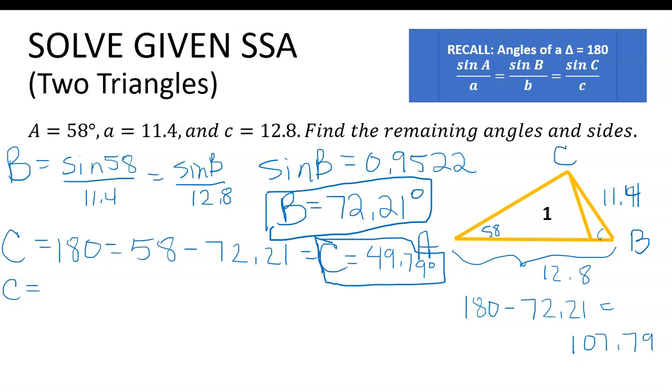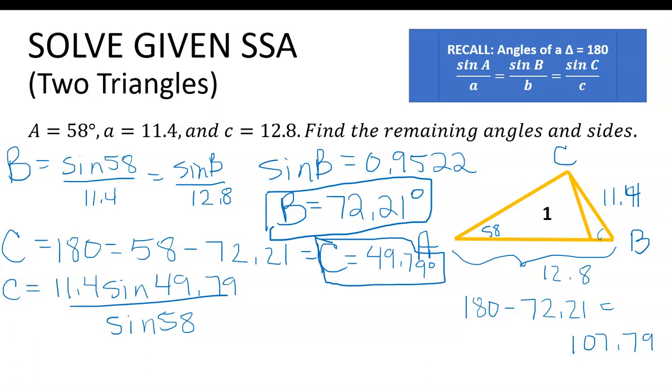So to get this side, using the law of sines up there, to get side C, I'm going to shortcut it a little bit because I have run out of room. But if you set up the proportion, you'll see where all this comes from.